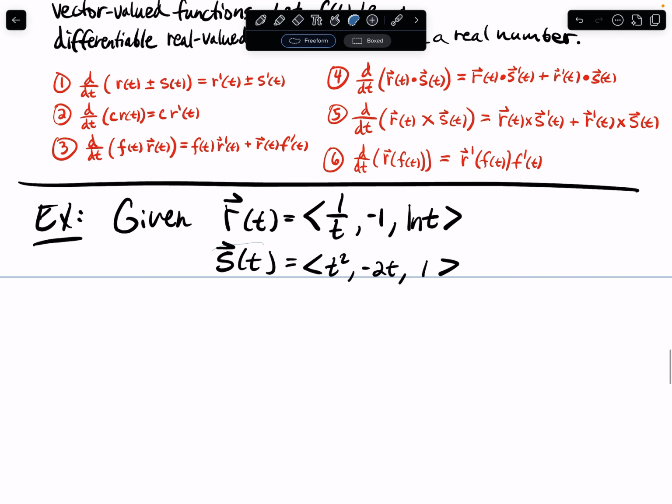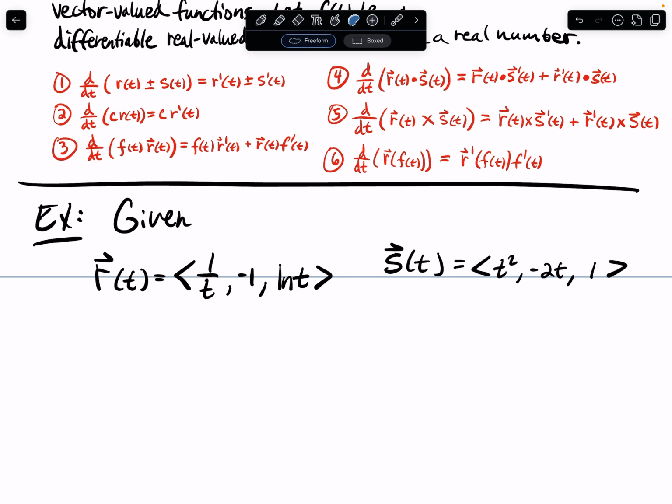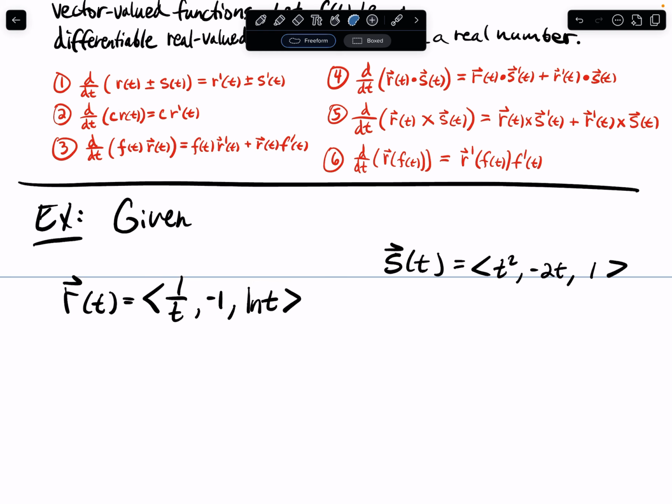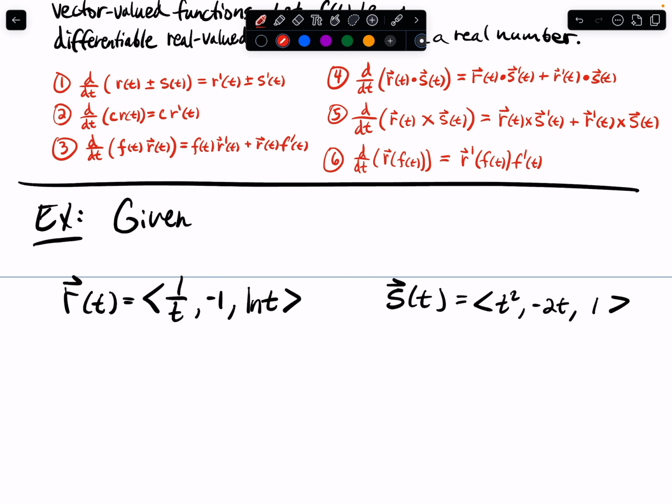I'm going to write this like this here. So I'm given these two functions here. And the first thing I want to do is find the derivative with respect to t of R of t dotted with S of t.